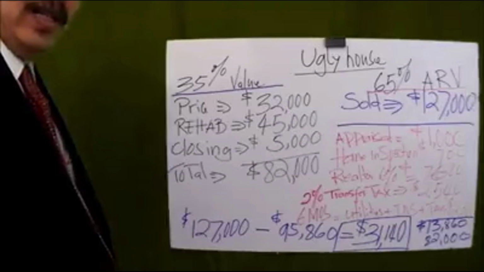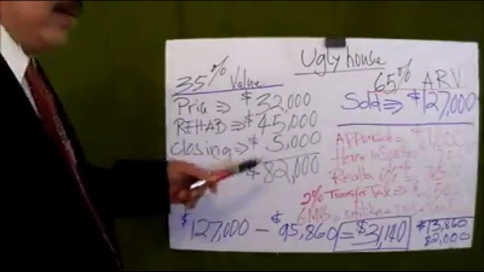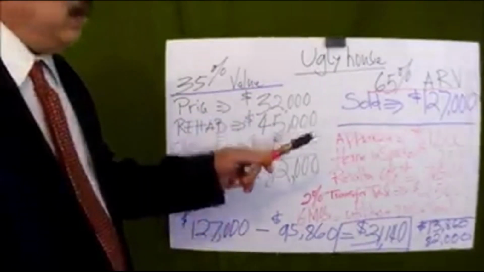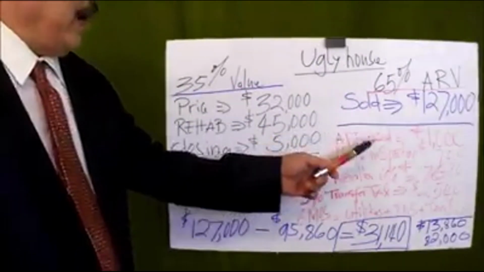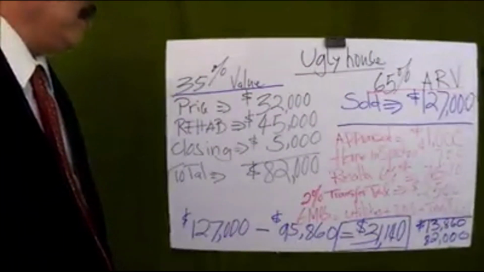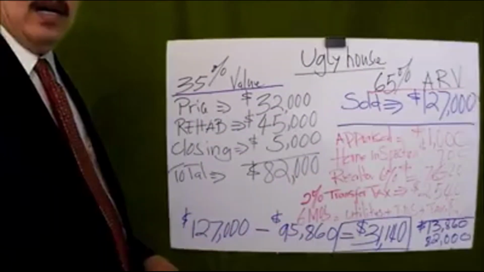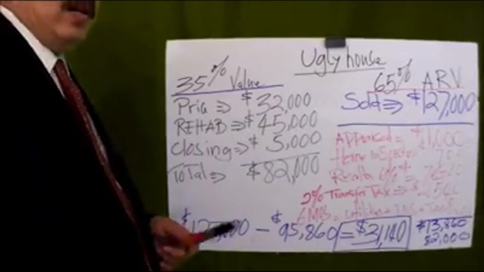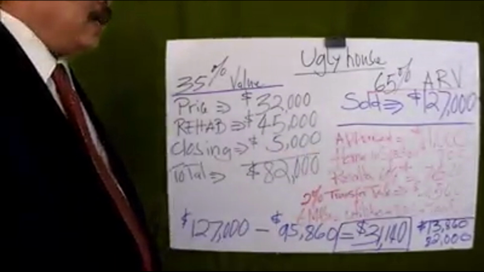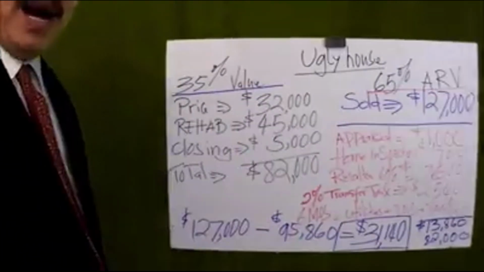It's not 200,000. Okay, and when your property is fixed and ready to put to the market, you have to hire the appraisal to do the appraisal of how much your property is valued at in the market. And you have to hire the home inspection. Home inspection will let you know what is missing and what you have to complete and fix before you put it to the market. It's no trouble when you sell to the buyer.